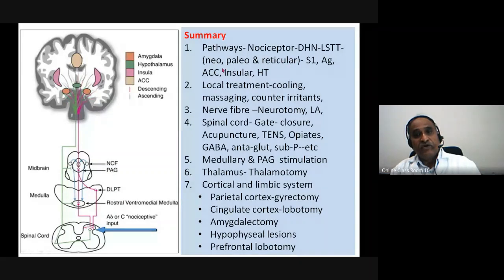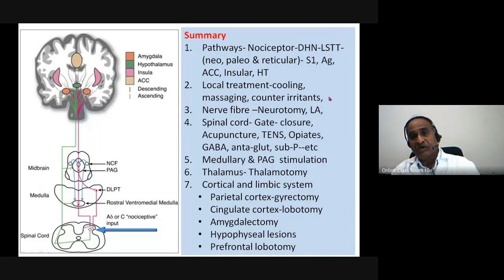The neo will be relayed in S1, and the paleo will be relayed in the amygdala, the anterior cingulate cortex, the insular cortex, and the hypothalamus. Then the treatment protocols at the local level: cooling, massaging, application of counter-irritants, and even anti-inflammatory drugs.